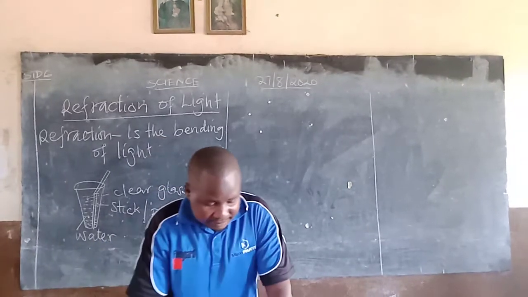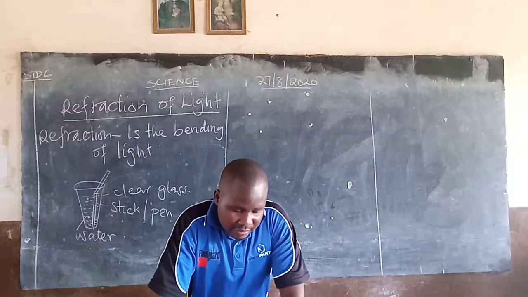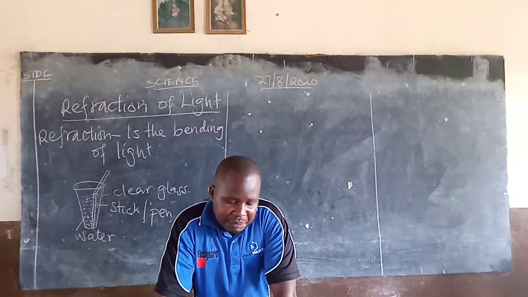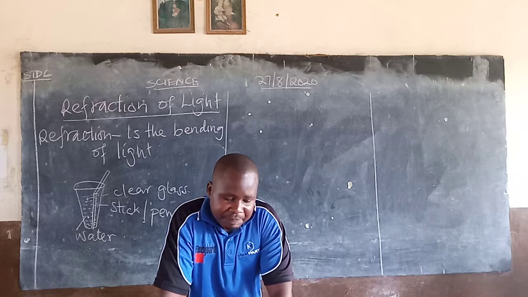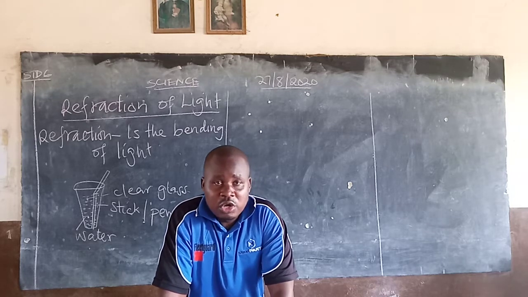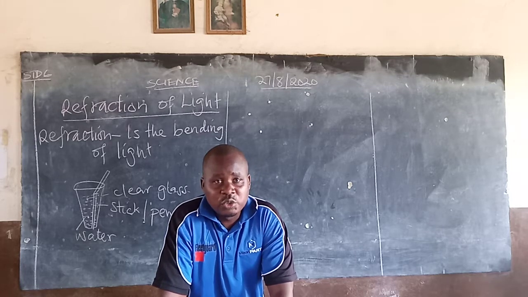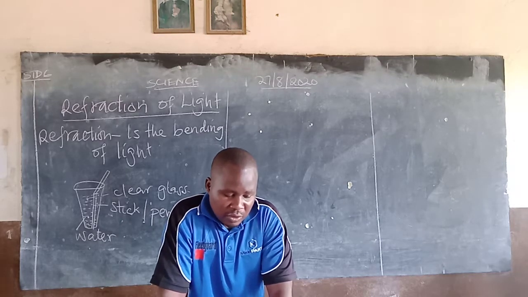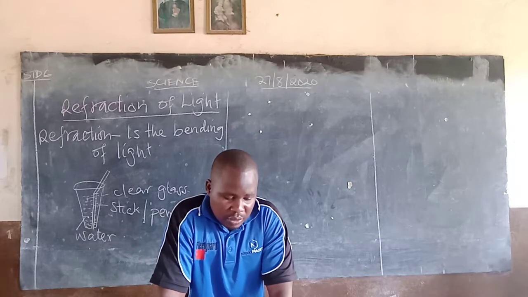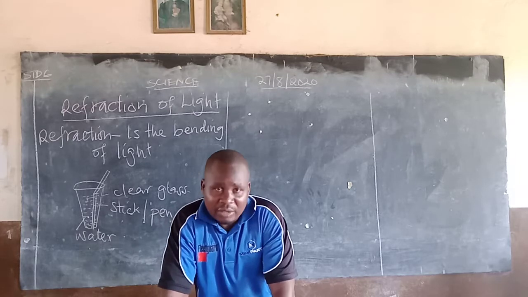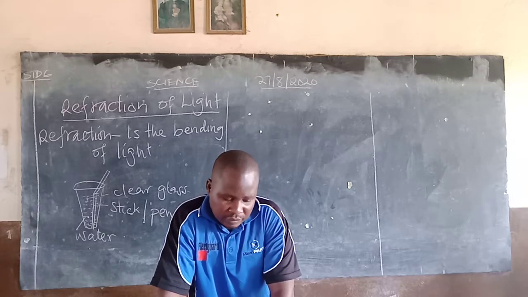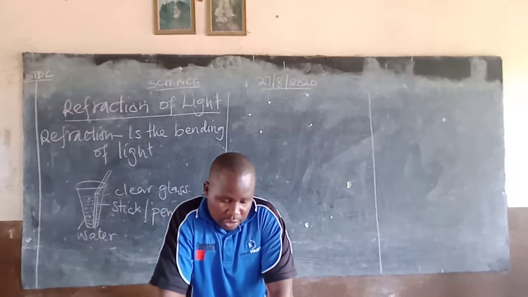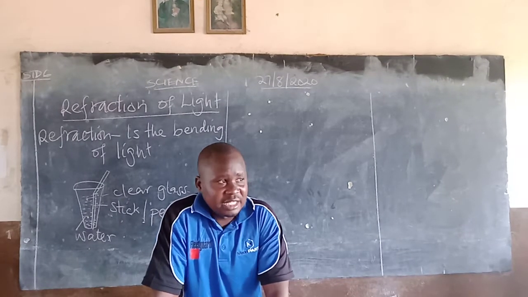Now we realize that the stick dipped in a glass of water appears to be bent due to refraction, due to the bending of light. The bending of a stick in water is known as the apparent bending.